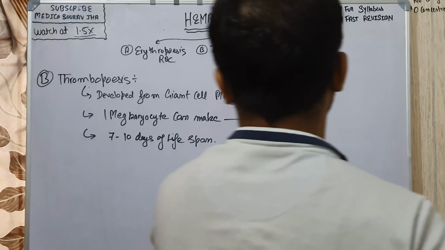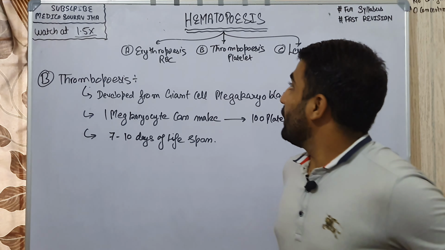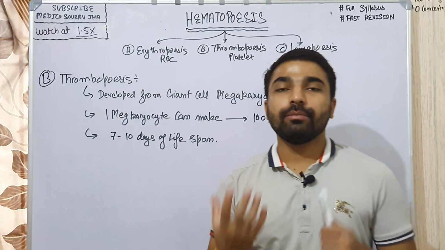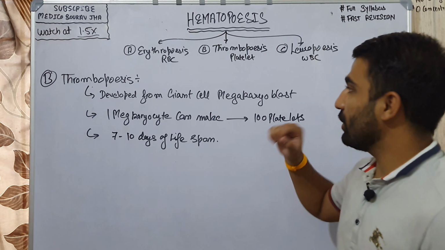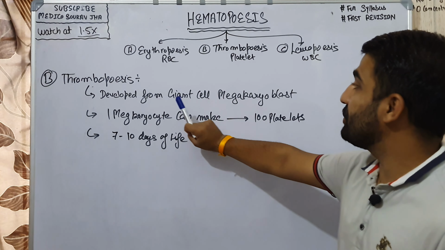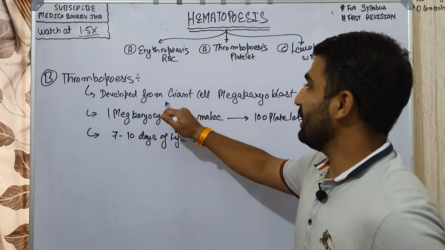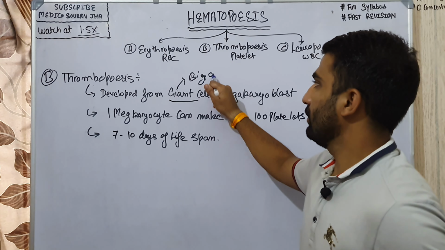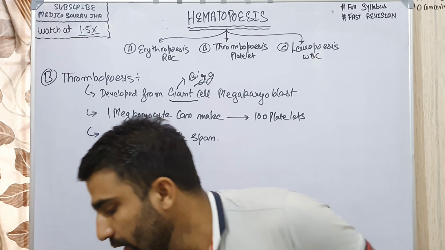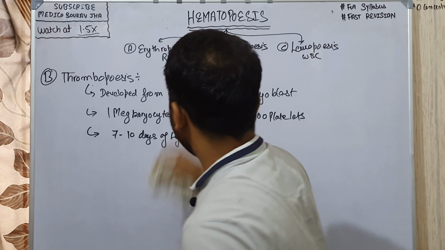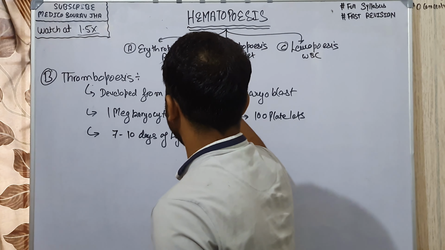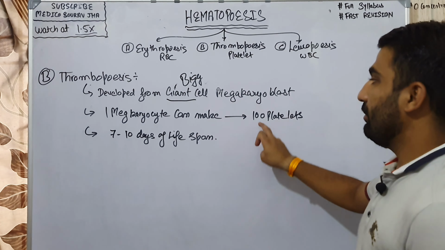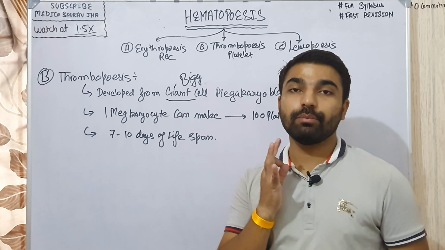Now we are headed towards the next part, which is called thrombopoiesis. Thrombo means platelets and poiesis means production of the platelets, developed from the giant cell, the megakaryocyte. Giant means big. Ignore my handwriting if it's not good. One megakaryocyte can make up to 100 platelets.